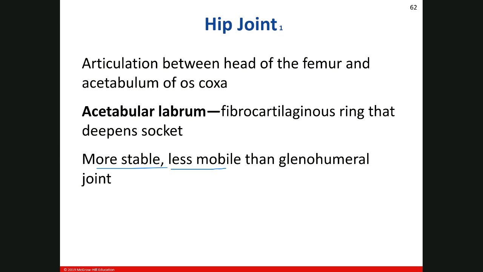Similar to the glenoid labrum, we also have an acetabular labrum, the ring that goes around the edge of the acetabulum, so it deepens the ball and socket joint, making a dislocation less likely and increasing stability.